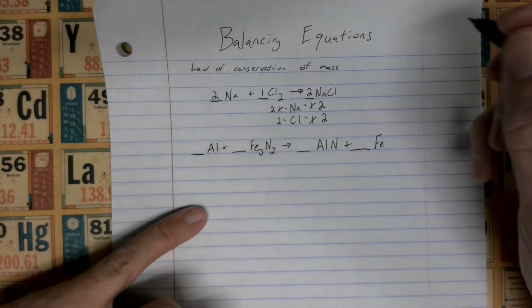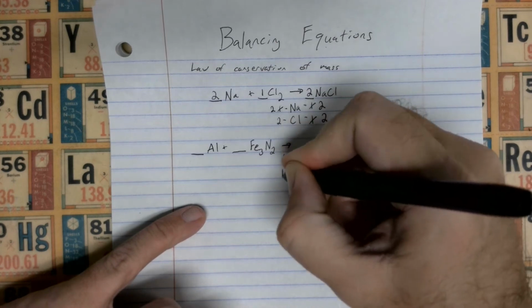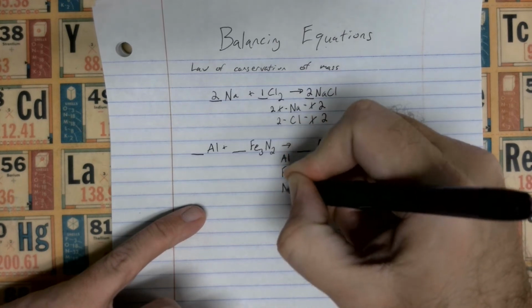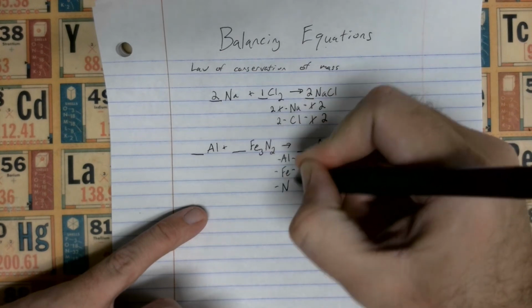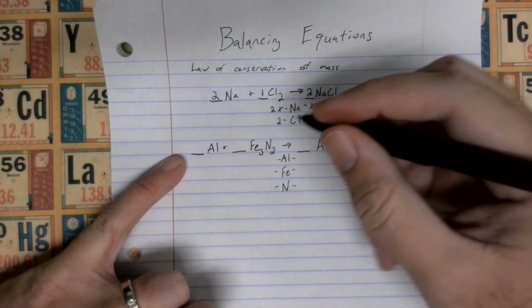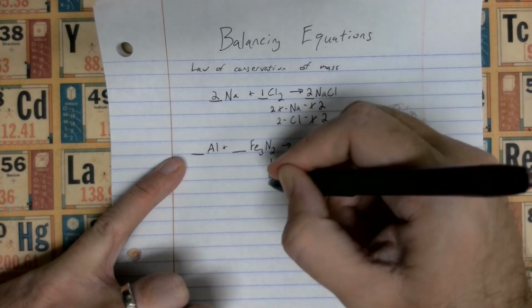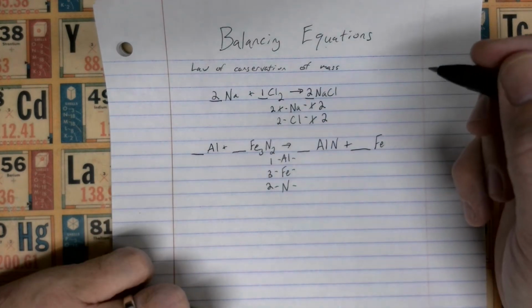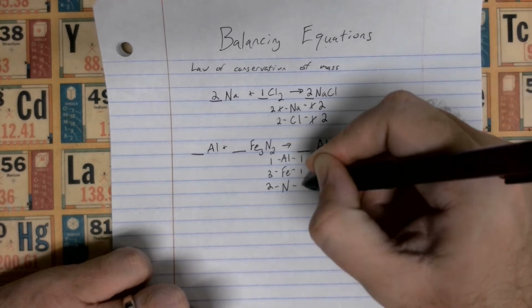Okay, so I have aluminum, iron, and nitrogen as my elements in this reaction. On the left side I have 1 aluminum, 3 irons, 2 nitrogens. On the right side I have 1 aluminum, 1 iron, 1 nitrogen.